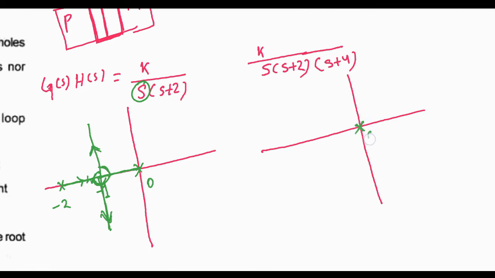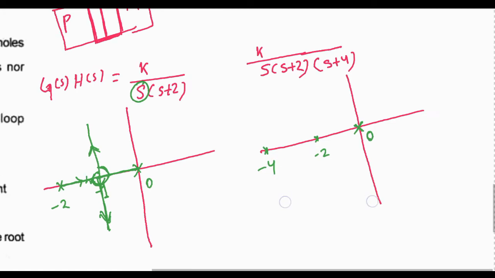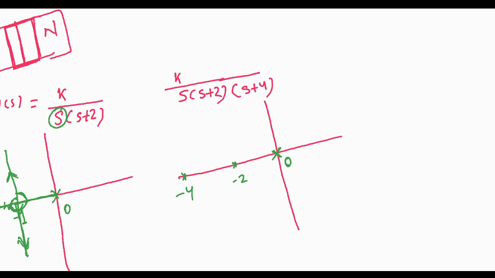Here one pole at 0, another pole at -2, another pole at -4. So what will be the angles of the root locus? I am not calculating in detail, I am only indicating what happens. So what will the angles be? As there are three poles, we will see the angles of asymptote.